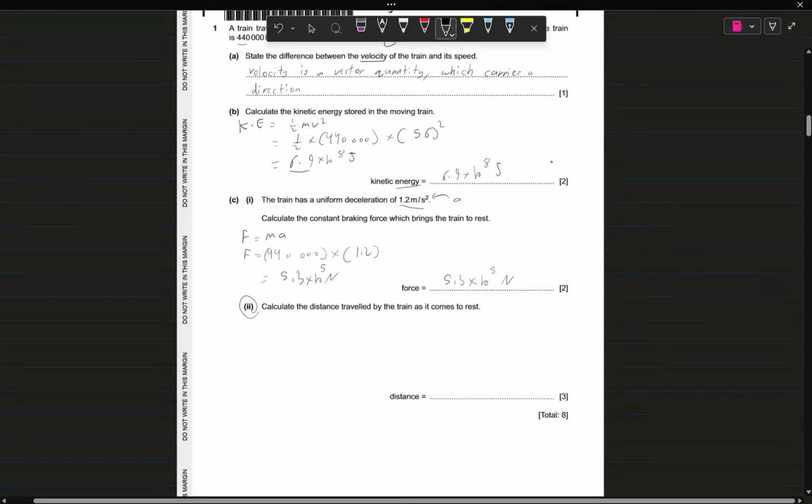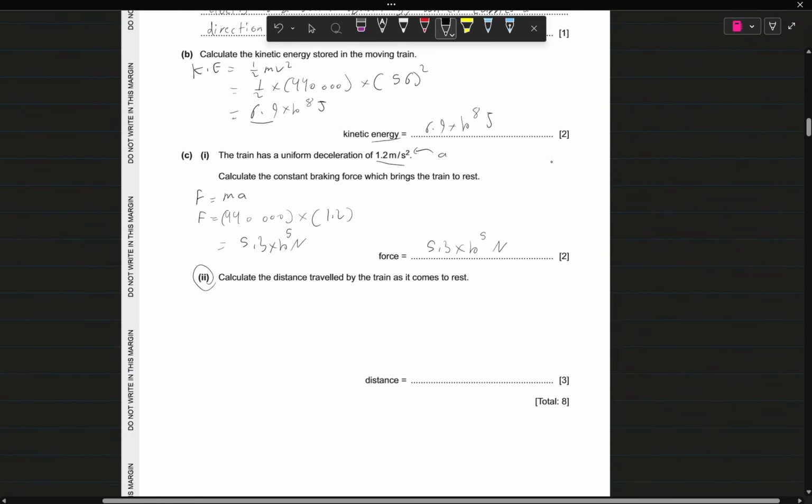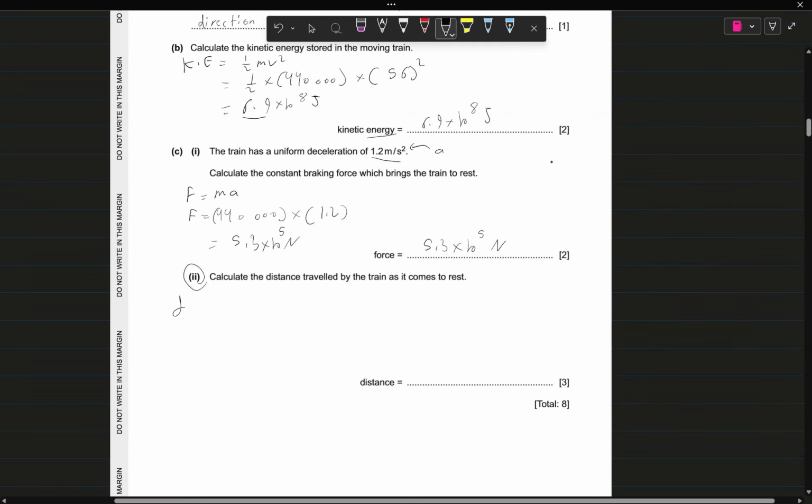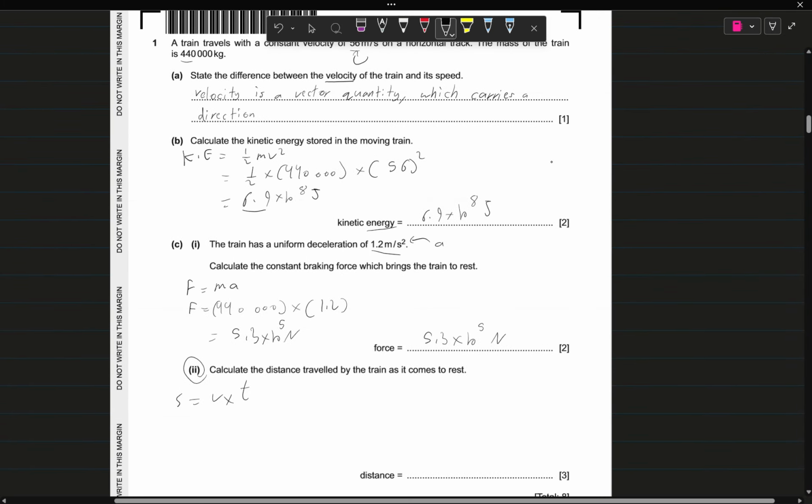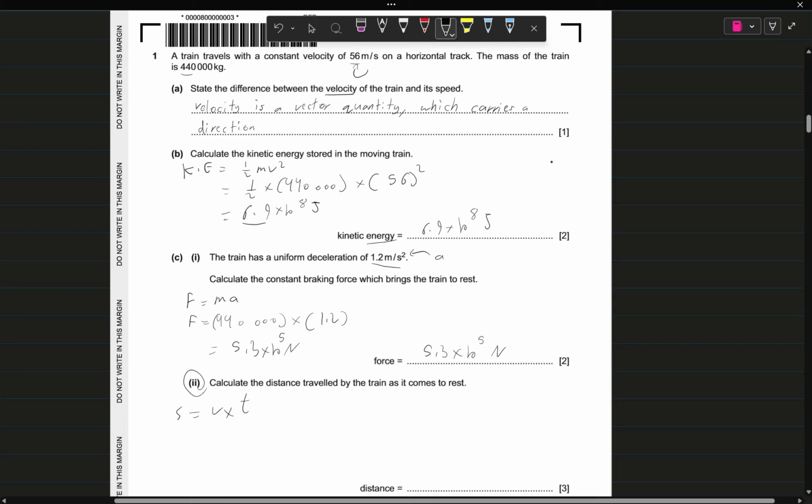Okay, for part 2 here, calculate the distance traveled by the train as it comes to rest. Okay, now for here, you need to identify the formula being d, which is distance, or s for displacement, equals velocity times time. Now if you notice here, we do not have time. We only have the velocity, v, and we have the acceleration.